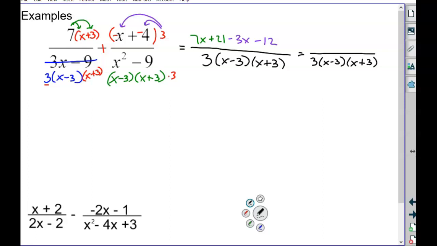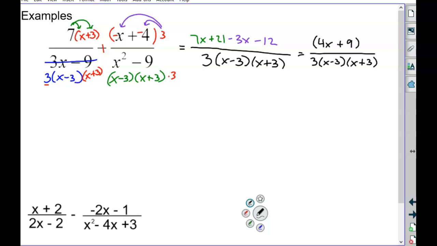But now up top, we're going to get a new numerator. Because we have like terms. 7x minus 3x, well, that's 4x. 21 minus 12 is 9, positive 9. And then the last piece, we should always think about this. Can 4x plus 9 be factored?